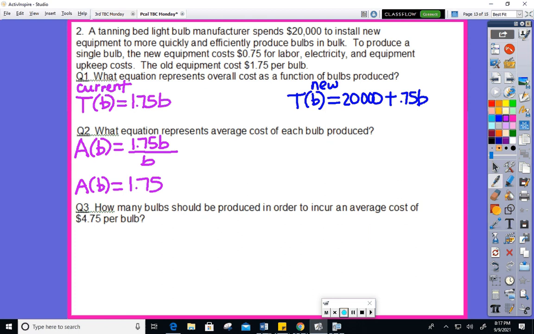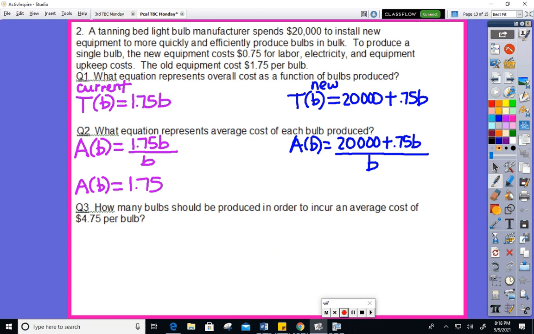With the new equipment, however, I take the total cost, because I do have to absorb the cost of buying the new equipment, and I divide that by B. Oh man, that looks like a rational function. That might be why it's in this chapter.